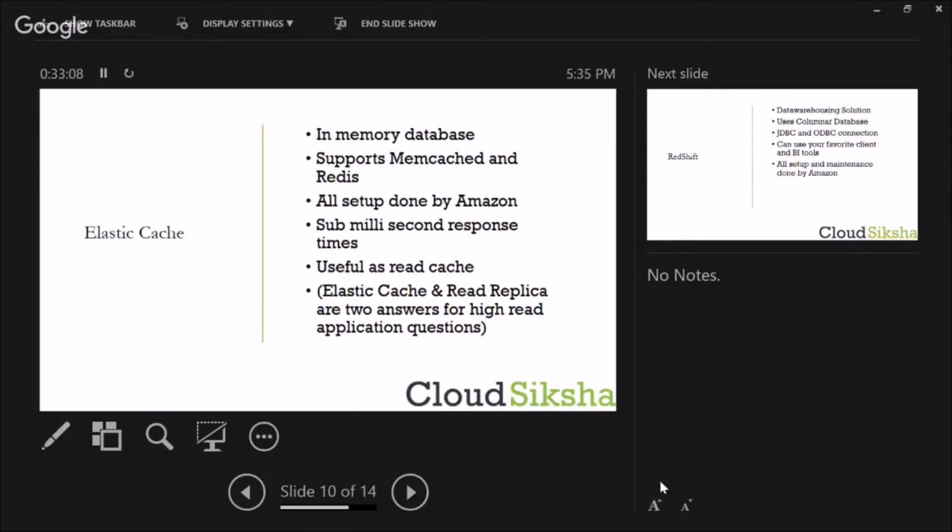But from an examination point of view, the main thing that usually comes up with Elastic Cache is that it is very useful for reading. If you want sub-millisecond response times, you'll get a question this way: the application you have is read intensive and people are seeing bottlenecks, what would you do?